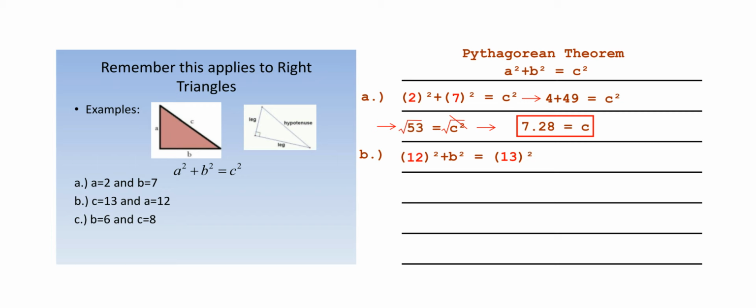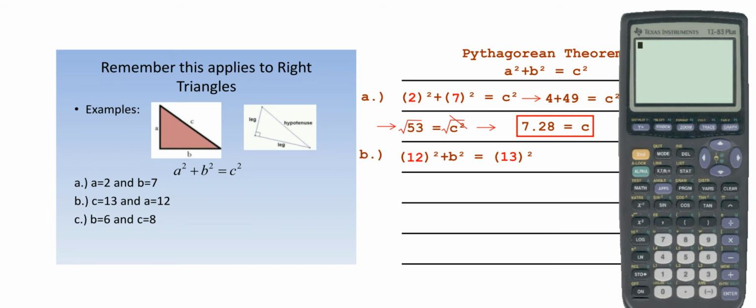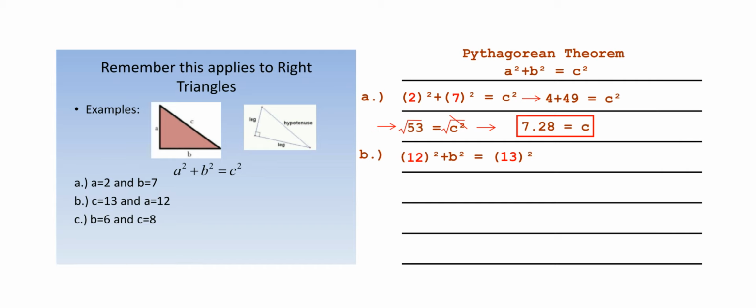Your calculator could come in handy, or practicing your multiplication. 12 squared, or you can go 12 times 12 on your calculator, should give you 144. 13 squared, or 13 times 13, 169. Okay, so 144 plus B squared equals 169.